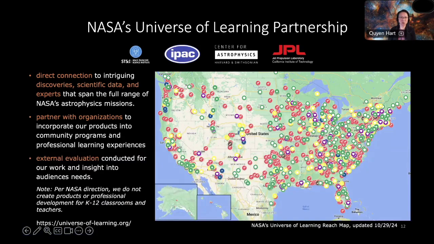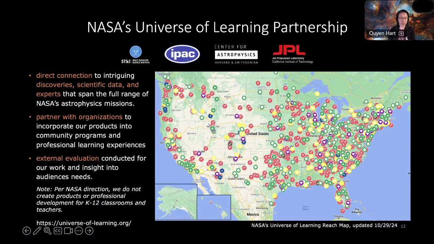Now, NASA's Universal Learning Partnership, this is the Science Activation funded program. It is a program that has 4 different partner institutions: the Institute, IPAC, Center for Astrophysics, and JPL. So this program here is a direct connection to the discoveries and the scientific data and the experts spanning the full range of NASA astrophysics missions, including JWST.